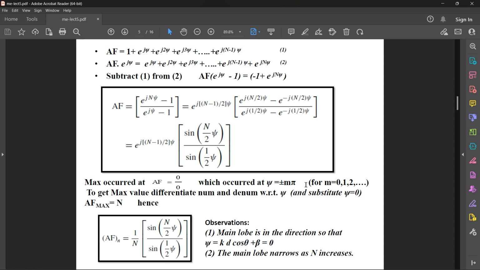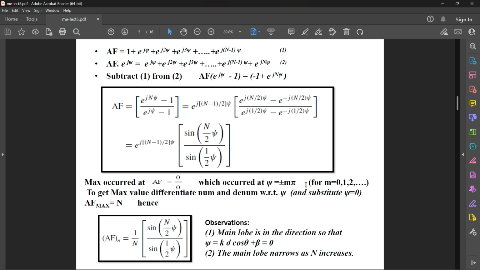So subtracting these two, that is equation numbers 1 and 2, array factor into e to the power j psi minus 1 is equal to e to the power j n psi minus 1. So array factor can be written as e to the power j n psi minus 1 divided by e to the power j psi minus 1. That is n number of elements divided by the individual element.